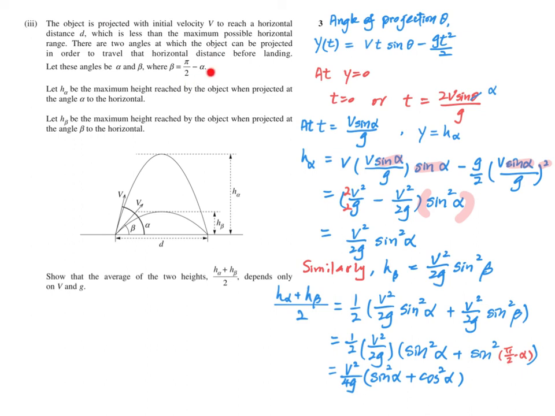Beta is defined as the complementary angle of alpha. Sine of the complementary angle of alpha should equal cosine alpha. Therefore, sine squared alpha plus sine squared of (pi over 2 minus alpha) should equal sine squared alpha plus cosine squared alpha. It equals 1. And now, the average of the two heights should equal v squared over 4g, which depends only on v and g, and it is done.